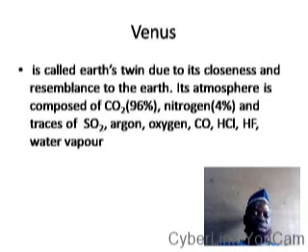Its atmosphere is composed mainly of carbon dioxide, which is 96% of the atmosphere. Then we also have nitrogen at about 4%. Some other gases are present in trace quantities, like sulfur oxide, argon, oxygen, carbon dioxide, hydrogen chloride, hydrogen fluoride, and water vapor.